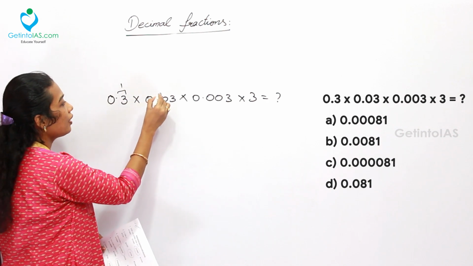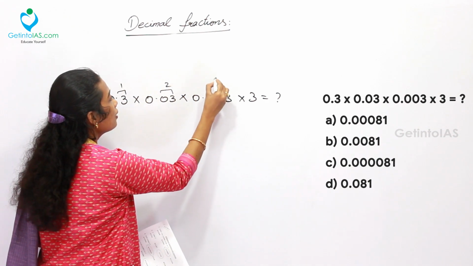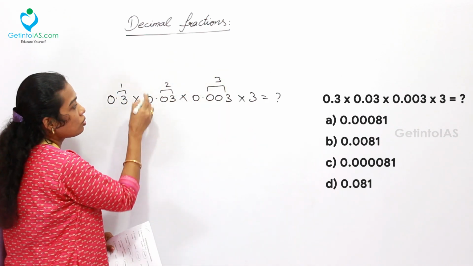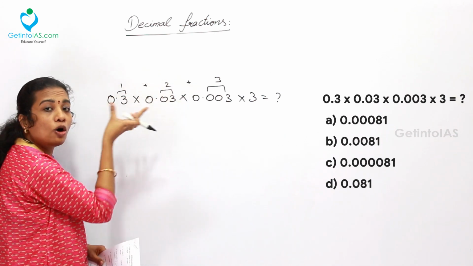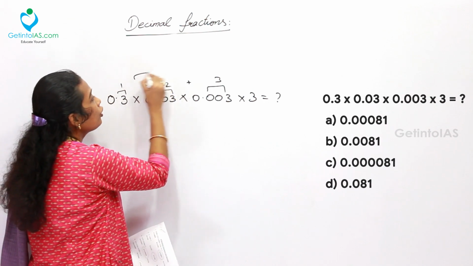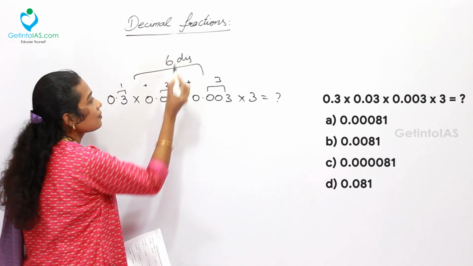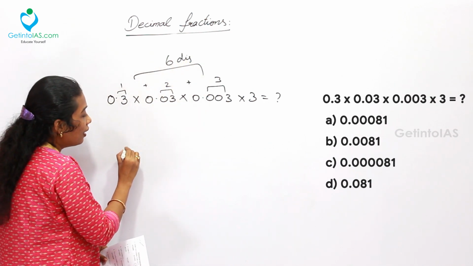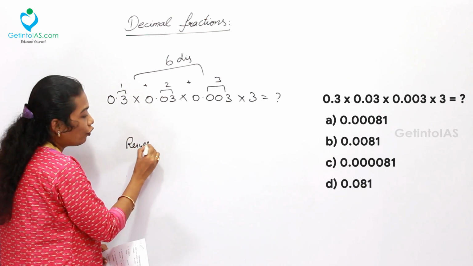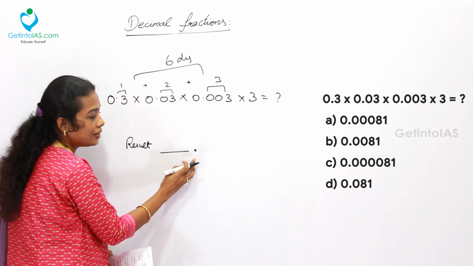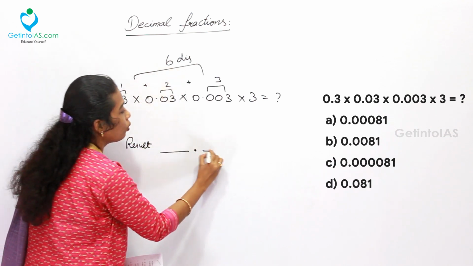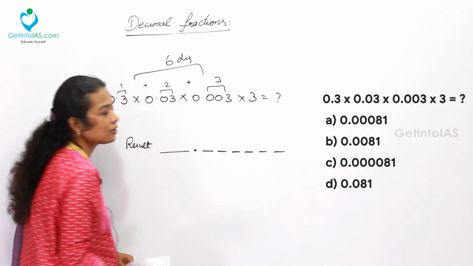Here 1 digit, here 2 digits, here 3 digits, here no digits. For multiplication, you add up all the digits: 1 plus 2 plus 3, totally 6 digits. Now allotting the result. For the result, always make the whole number place before the decimal point. After that, allot 6 digits: 1, 2, 3, 4, 5, 6 places allotted.